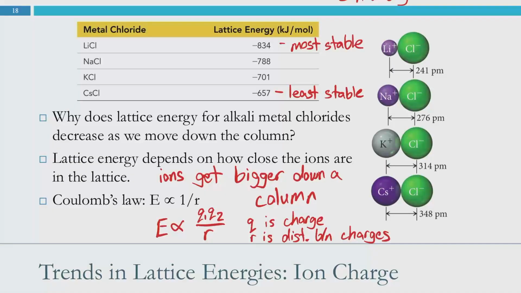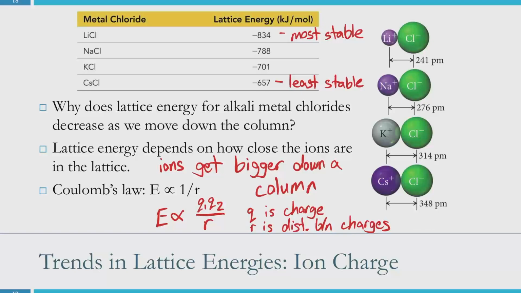There were some other things in there that were basically constants. So as the radius decreases, the energy increases. The closer the ions get, the larger the energy.